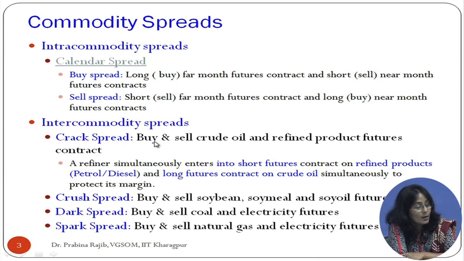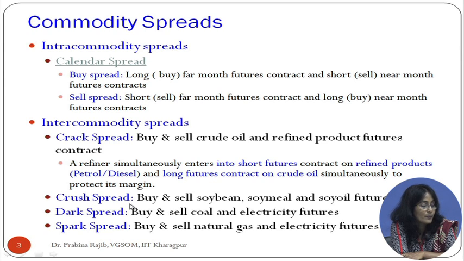Somebody can buy the crude oil futures contract and simultaneously sell a refined product futures contract, that is, futures on petrol, diesel and aviation turbine fuel or kerosene, whatever it is. So simultaneously somebody takes long futures in crude oil and short futures in refined product, or vice versa. These kinds of contracts are called crack spread.